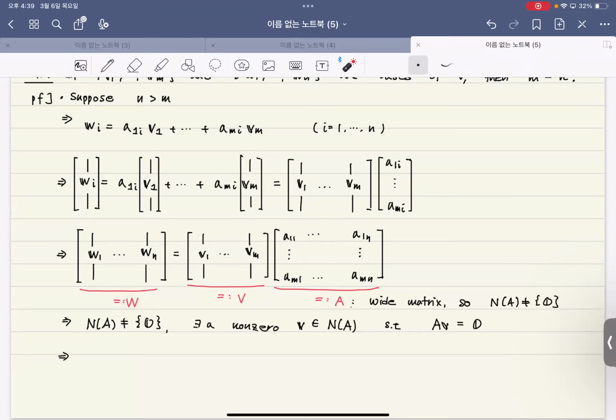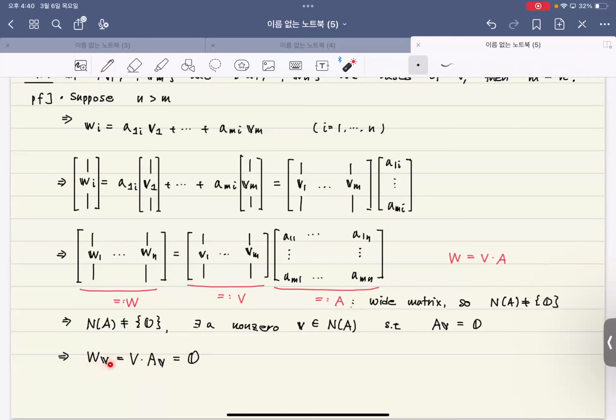So W is V times A, but if I multiply this vector to the right of both sides of this equation, then WV is V times AV. But this is obviously the zero vector, because AV is 0, and a 0 vector times some other matrix is automatically 0. So W times V equals 0.